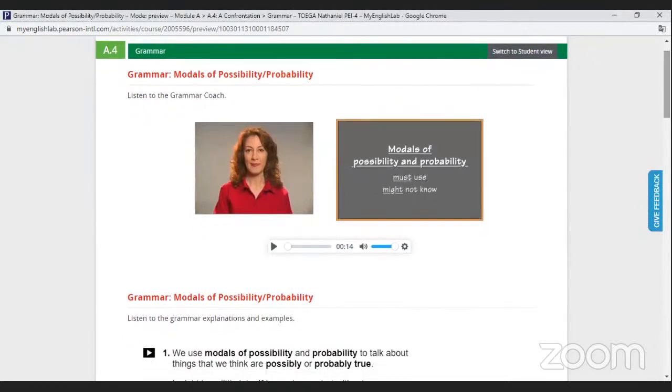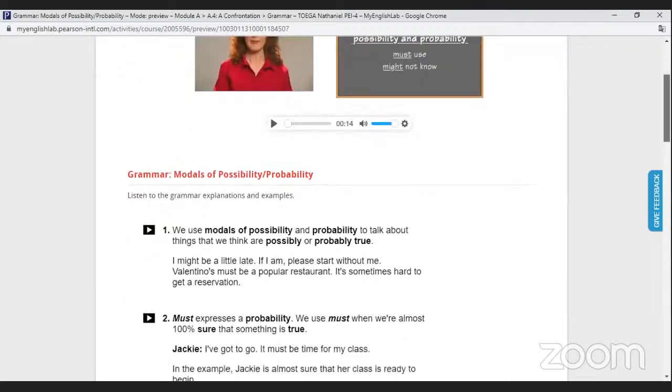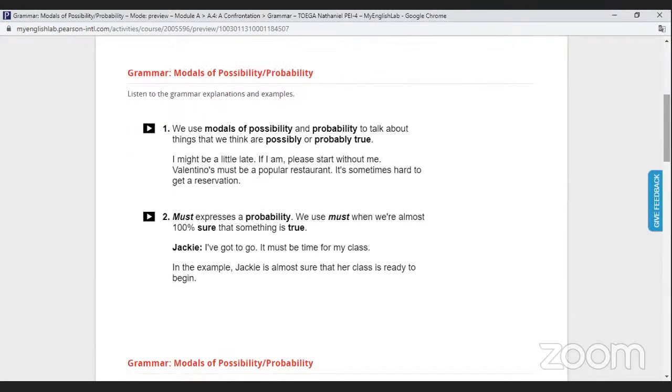It's about modals of possibility and probability, okay? So let's see, in this part we have the concepts.